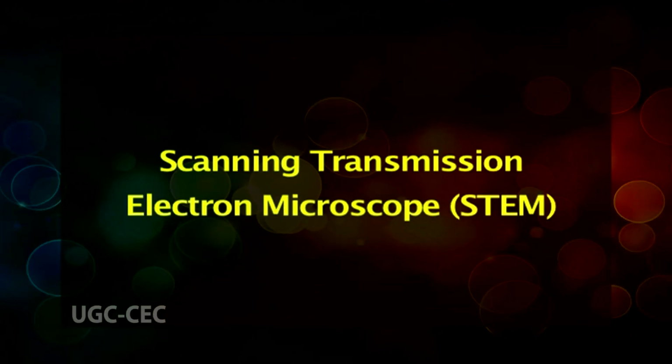The last type of electron microscopy is the scanning transmission electron microscope, which is also known as STEM. Just like the traditional TEMs, the scanning transmission electron microscope passes an electron beam through a very thin slice of an object. The STEM focuses the beam that passes through and constructs an image through raster scanning.